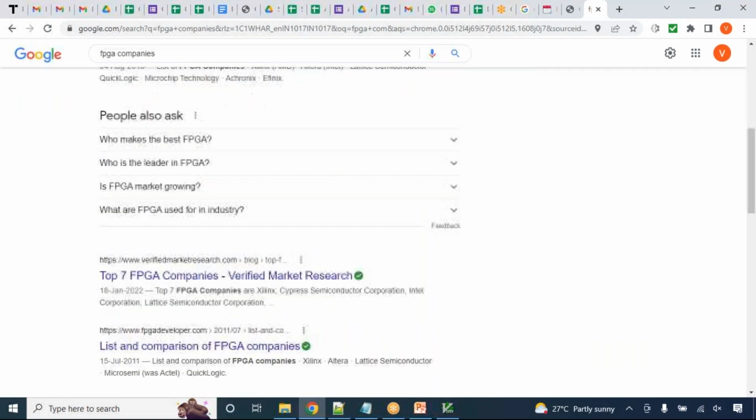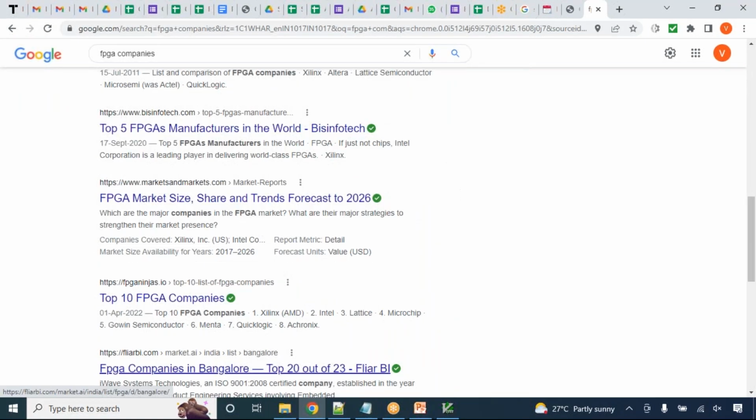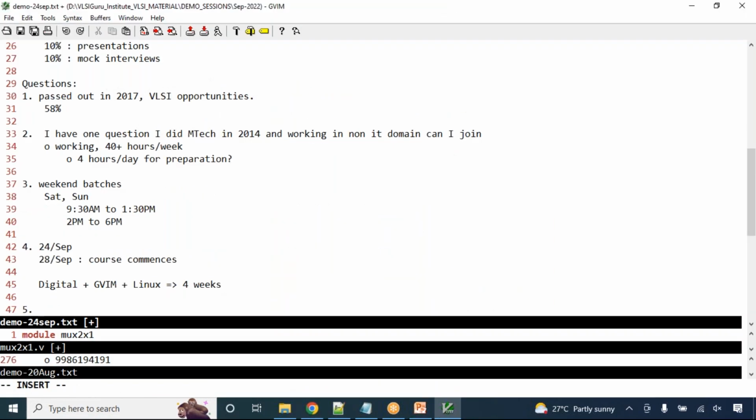There will be a lot of companies actually. Now they have to hire from somewhere, right? They can't get people from outside India. So that is where there is a requirement. The training institutes are not able to fulfill the requirements, and that's because people many times don't want to join FPGA training.